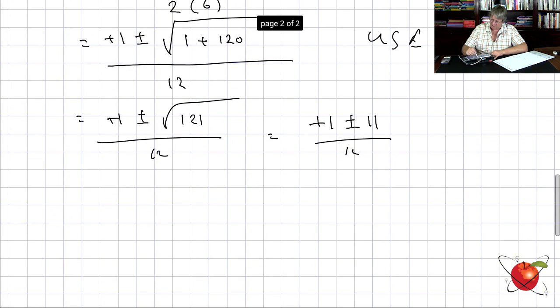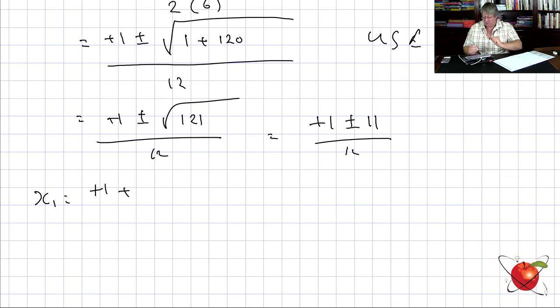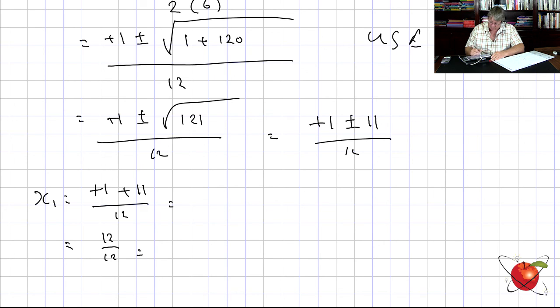Now I can go and I can write my two roots. Number 1, x1 is going to be plus 1 plus 11 over 12, which is 12 over 12, which is equal to 1. Okay? Then the next one, x2 is going to be plus 1 minus 11.